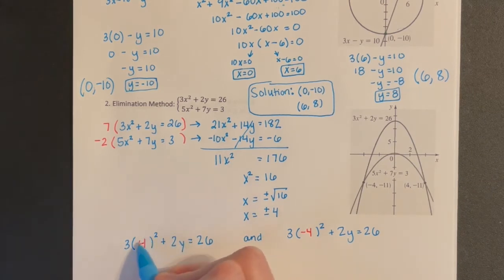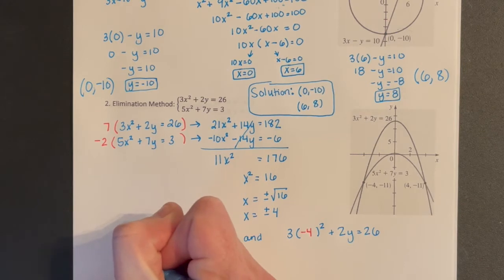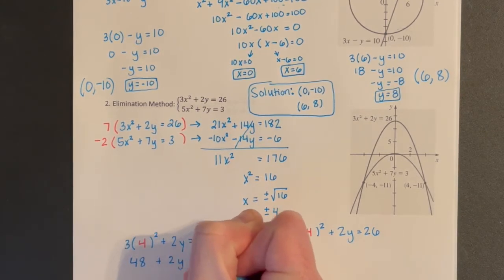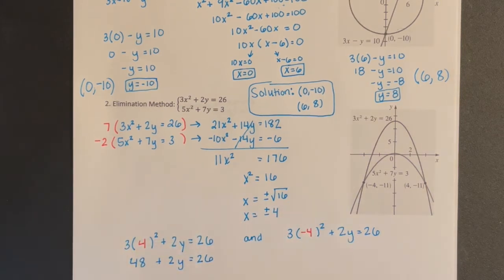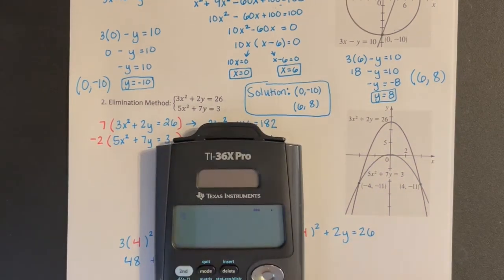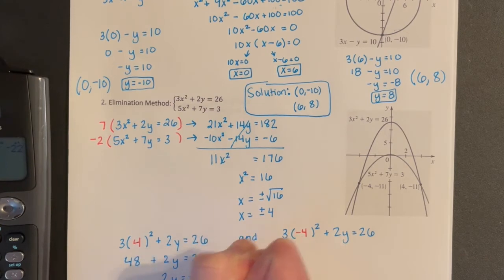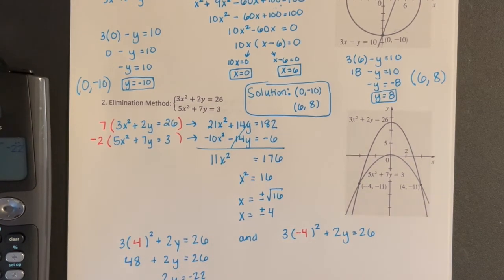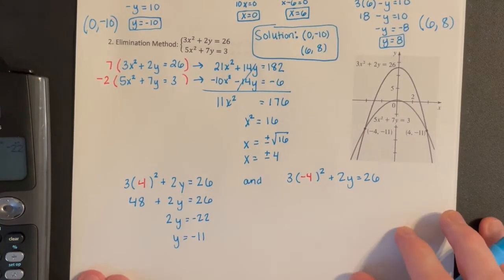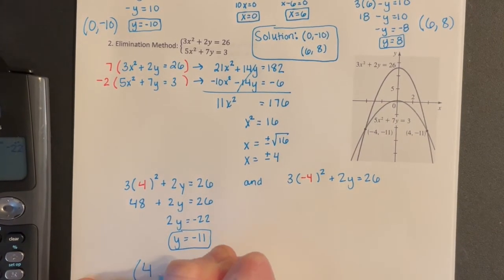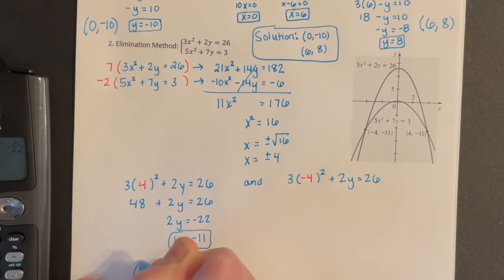When I plug this in, I get 4 squared, 16. 16 times 3 is 48. And then we just subtract 48, so 26 minus 48 is negative 22. 2y equals negative 22. So y equals negative 11 when we divide by 2. That gives me a point of 4, negative 11.